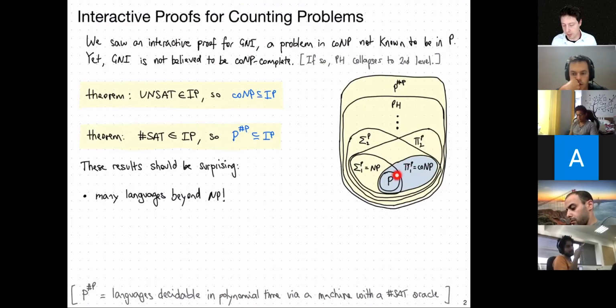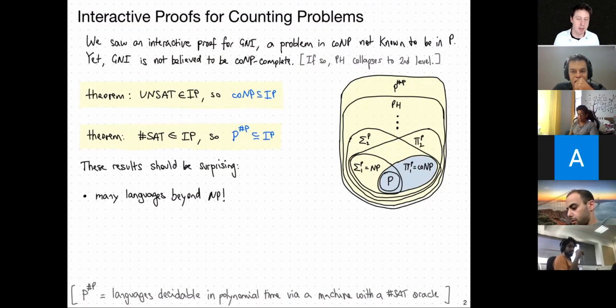So co-NP is for all and NP is exists. But you can also consider exists for all and for all exists. That's the second level of the hierarchy, Sigma 2 and Pi 2. And you can keep going. The union of all these things is the polynomial hierarchy. P to the sharp P is even beyond that. So this is an enormous amount of problems.